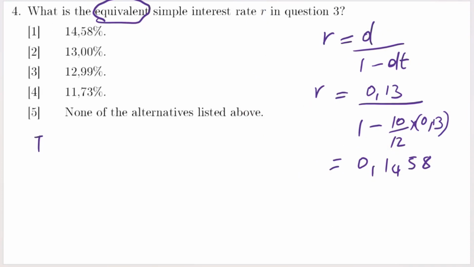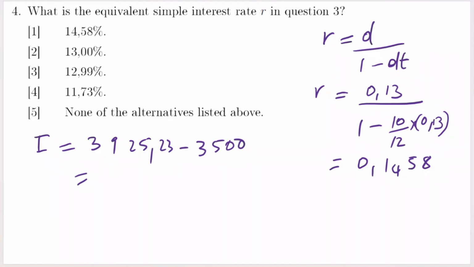So I know the actual interest amount is equal to my future value that I've calculated, 3925.23 minus my present value, which is 3,500, and then I get the answer of 425.